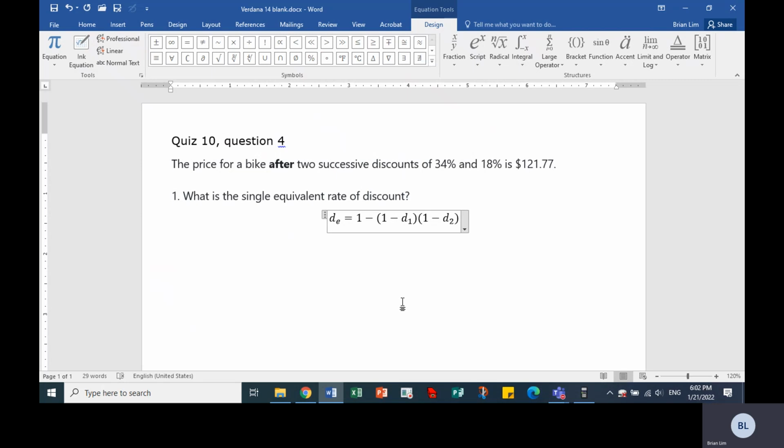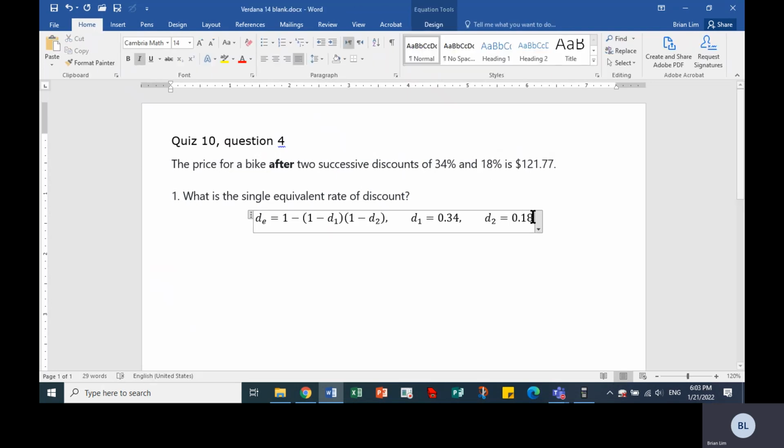We have to distinguish what is D1 and what is D2. So D1 is equal to 0.34, which is the decimal equivalent of this 34% up here. And D2 is equal to 0.18, which is the decimal equivalent of the 18%.